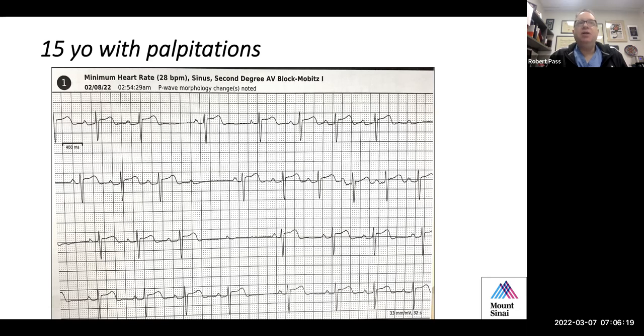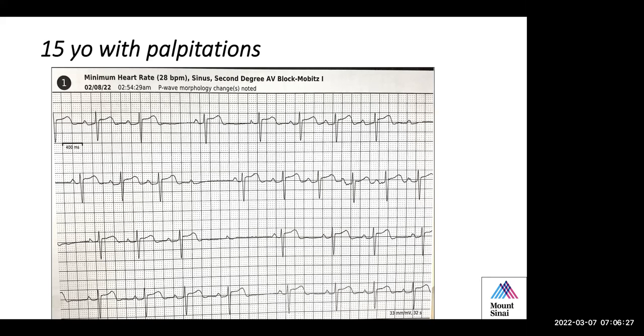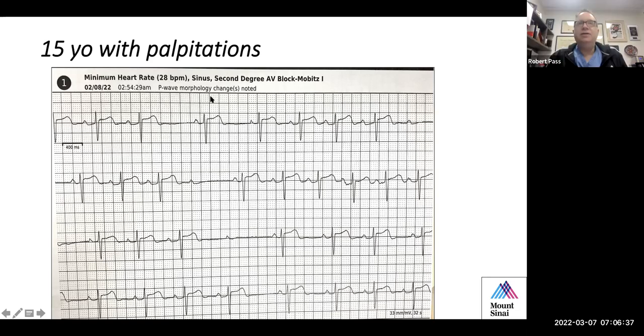And where is the block typically thought to be in Mobitz I versus Mobitz II? What level of the AV node His system is Mobitz I versus Mobitz II?